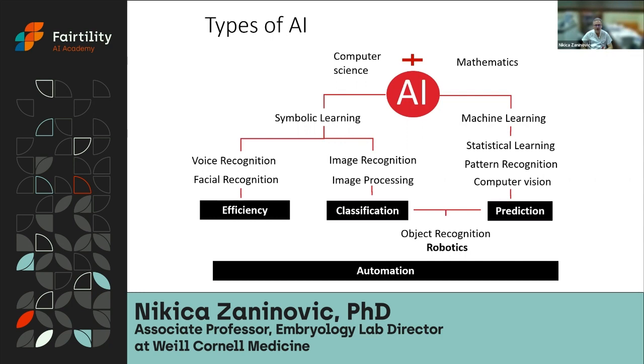For example, if you're trying to predict something, you're going to do machine learning. You're going to do some pattern recognition or even computer vision for any image analysis. So it really depends on what type of classification, efficiency or predictions you are trying to achieve. You have to consider what kind of machine learning methods you need to use.